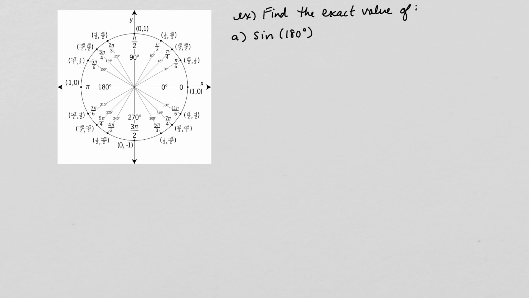Remember, I usually like to write myself a little note: sine of theta is equal to the y, cosine of theta is equal to the x. So what would the sine of 180 degrees be?